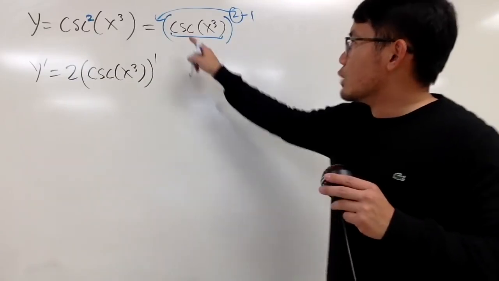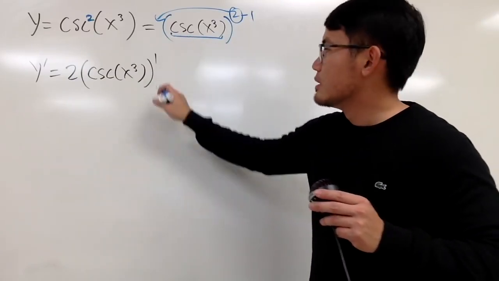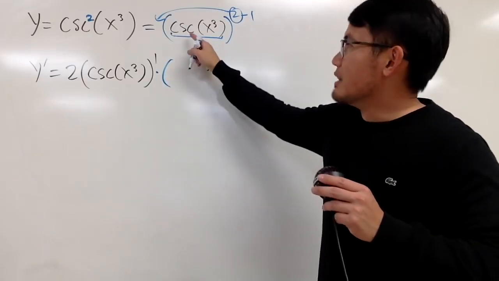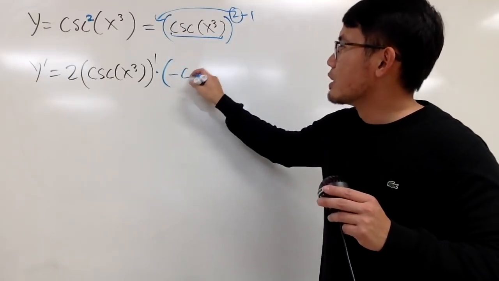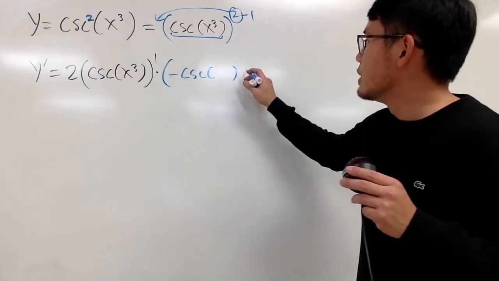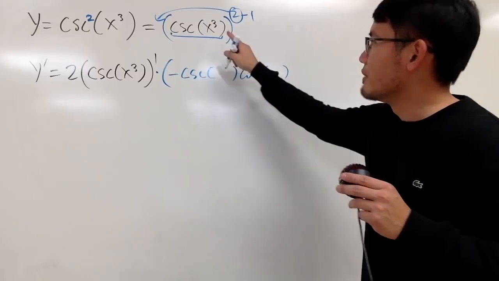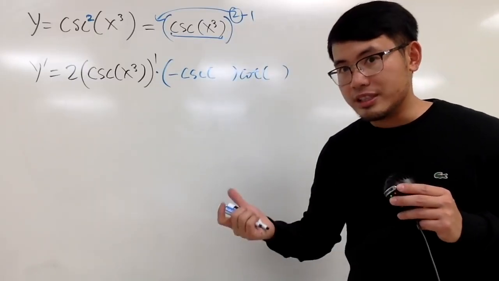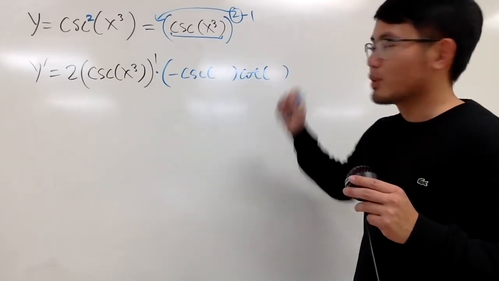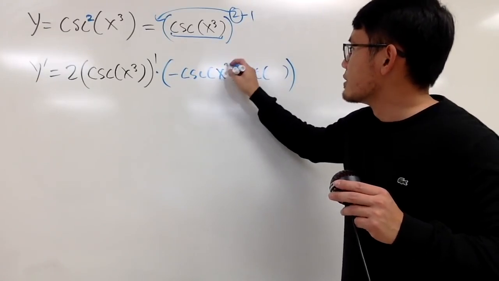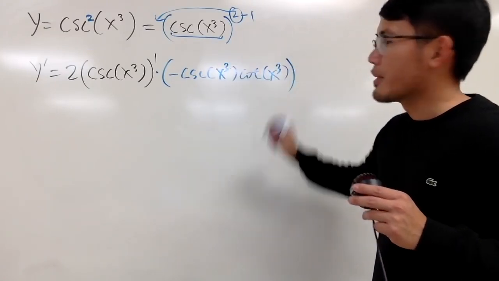Well, derivative of cosecant is, let's put down multiplication in the parentheses. The derivative of cosecant is negative cosecant of whatever you have inside times cotangent of whatever you have inside. Right? That's the general form for cosecant. Negative cosecant times cotangent of that. Well, don't forget the inside is x to the third power, so you do have to enter that right here.